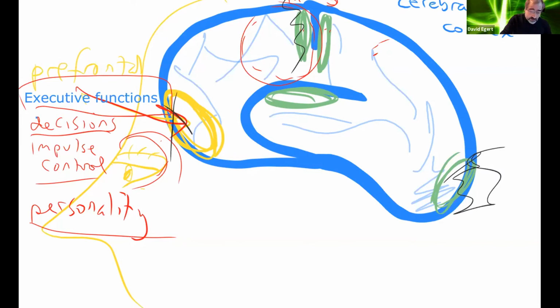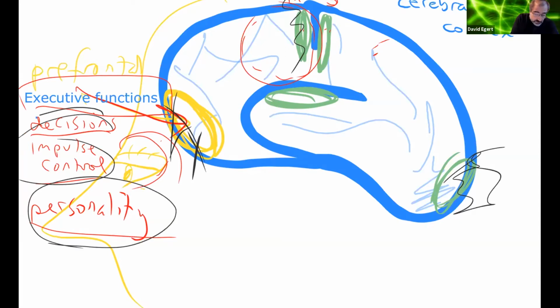If you have damage up here, it's not necessarily going to be an obvious deficit in the way of a sensory or motor thing, but your personality can change dramatically. Supposedly this one guy became kind of a jerk after being a really nice guy. So personality.